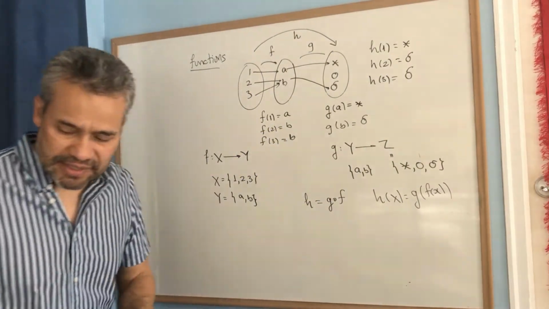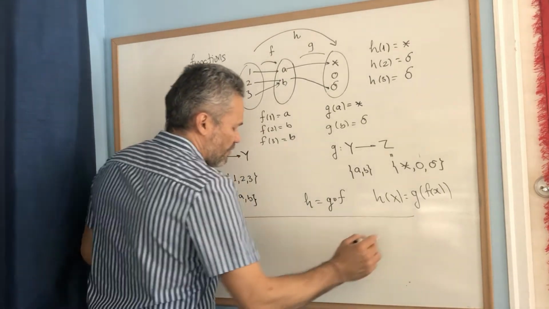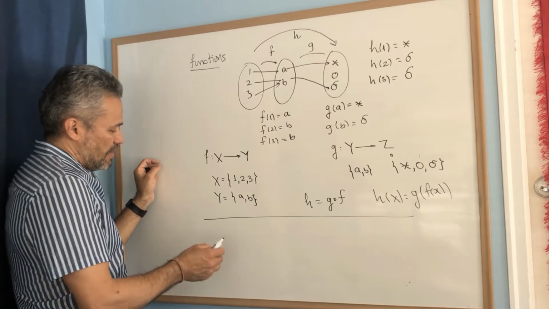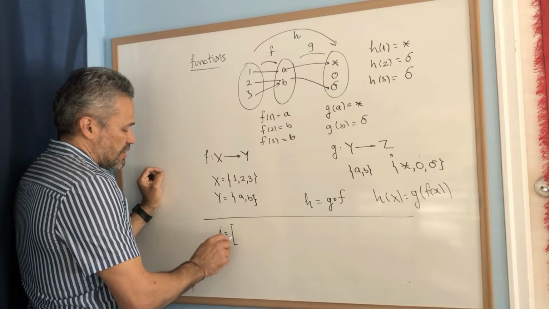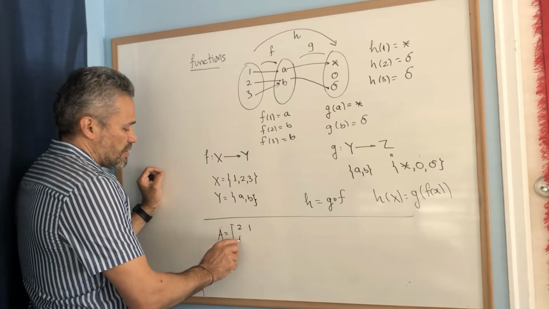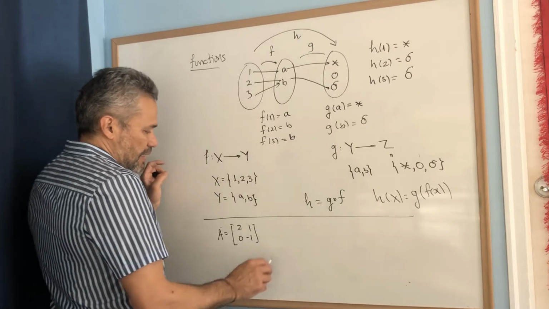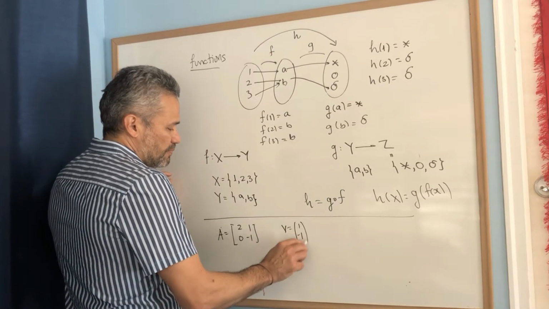One observation is that we have defined the product of a matrix with a vector. Let's suppose that we have this matrix A with rows 2, 1 and 0, negative 1, and let's suppose that we have the vector v equal to 1, negative 1.